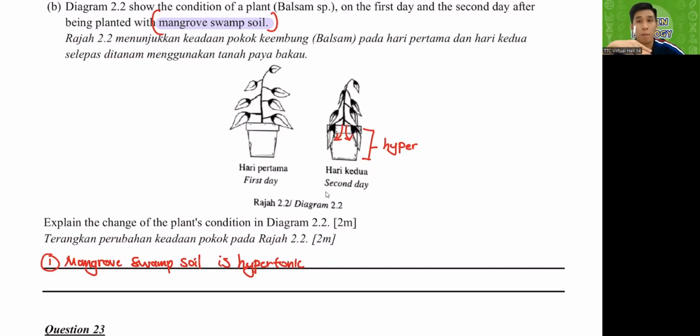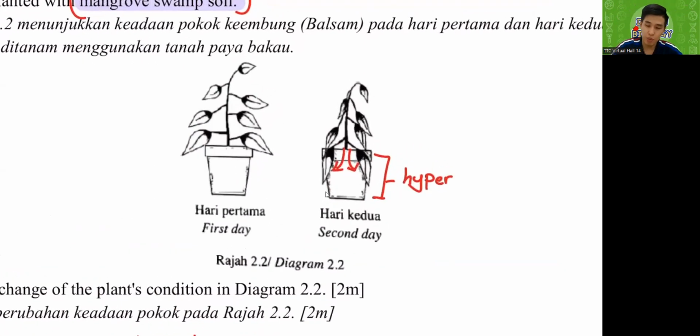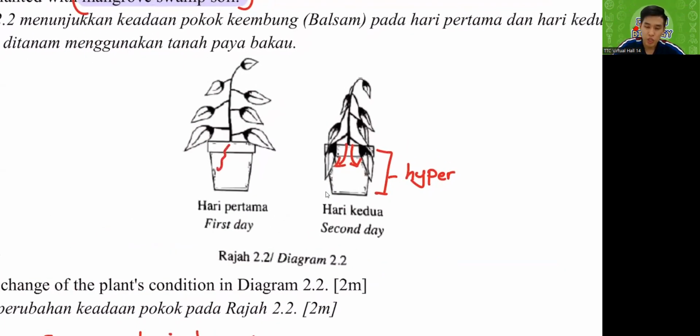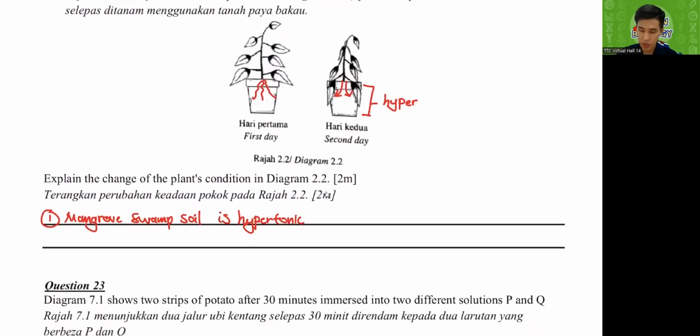And you must always compare hypertonic to what. You don't just say hypertonic towards the plant, but hypertonic towards which part of the plant? The soil is exposed to which part of the plant? The roots. So you must say towards root cells.